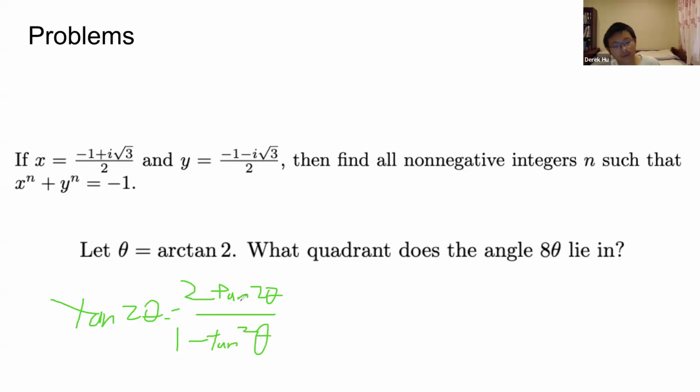There's the tangent double angle formula. I won't go through all this, but you could basically just apply this 3 times. And then you get that angle theta is within the second quadrant. So that's this one.